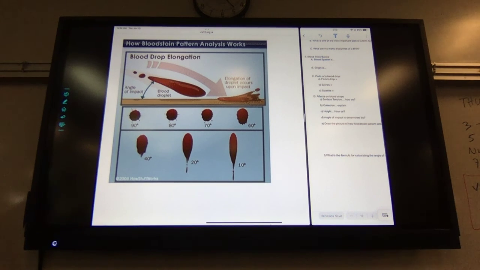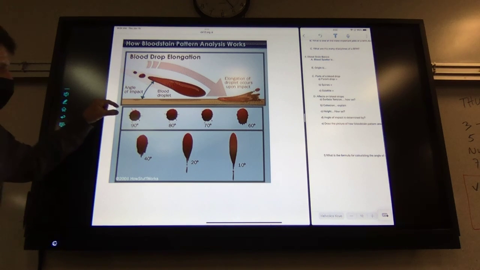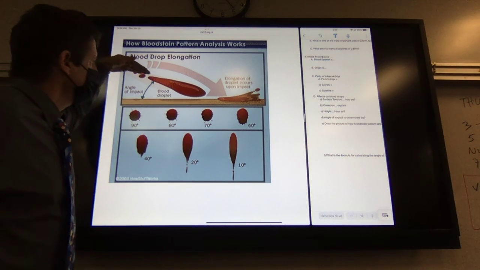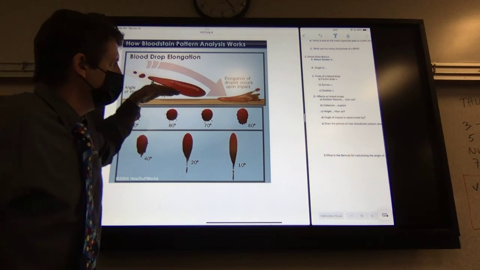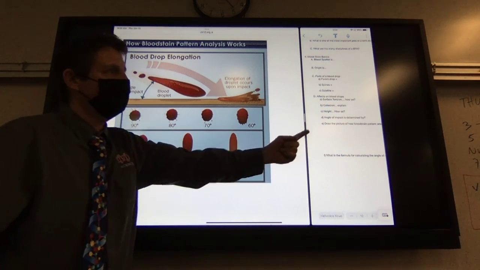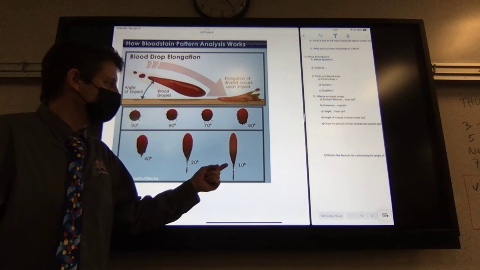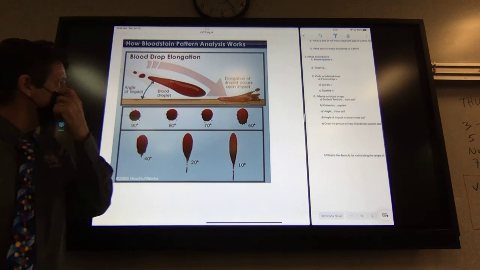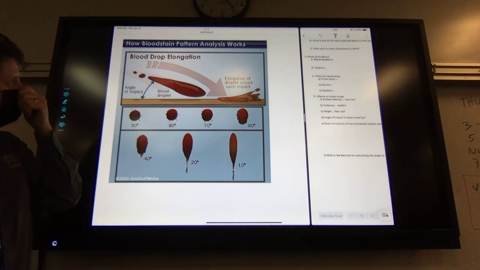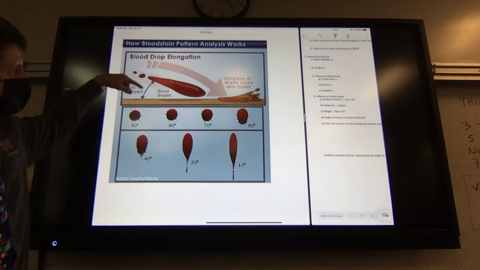This is similar to what you're going to do in the lab. If it's at 90 degrees, it's nice and circular. And as it strikes at more of an angle, it is going to make the length of the blood drop really stretch out. So that's hitting at a 10-degree angle, which is almost what you see in this picture right here.